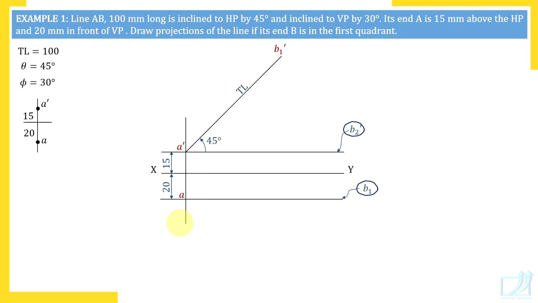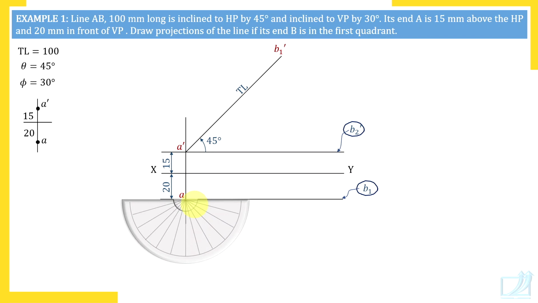And AB2 is the true length top view. Top view gives inclination with VP. And what is the true inclination of the line with VP? Phi. It's given in this problem. So we know true length and phi, and therefore we can draw AB2. Remember, front view with suffix 1 is the true length front view and top view with suffix 2 is the true length top view.